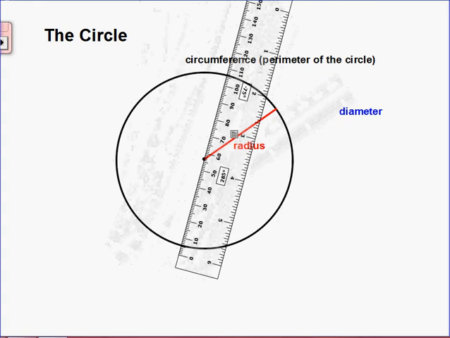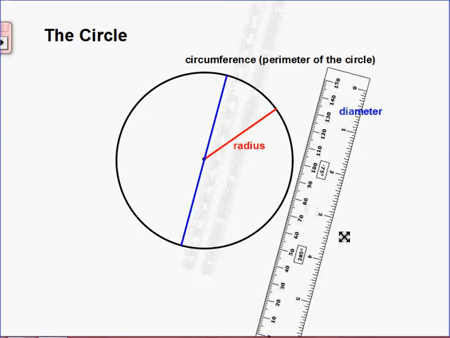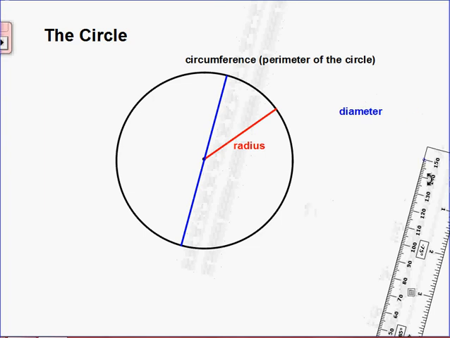Okay, so that line there that I'm going to draw now is known as the diameter of the circle. The circle has many diameters in it. The one I've drawn is only one of them.